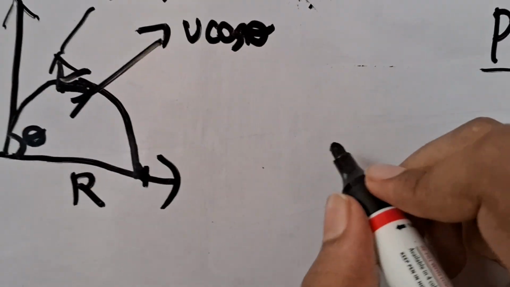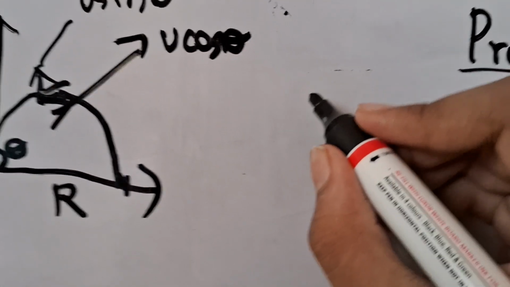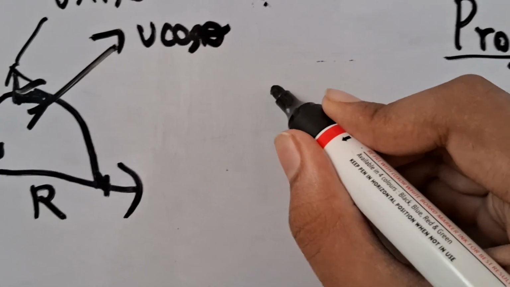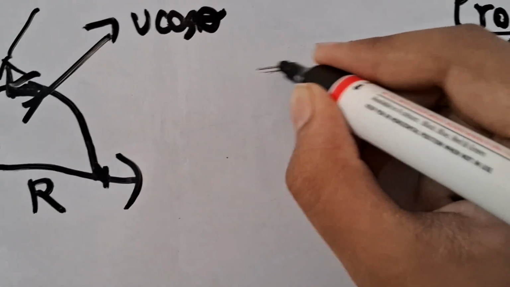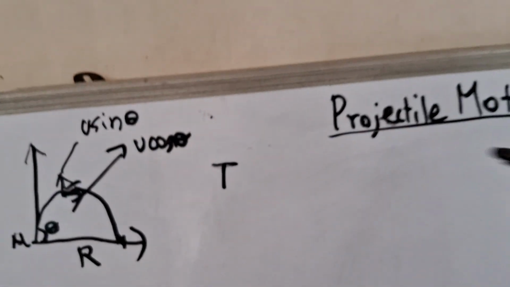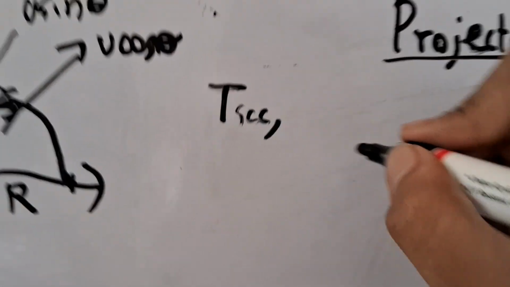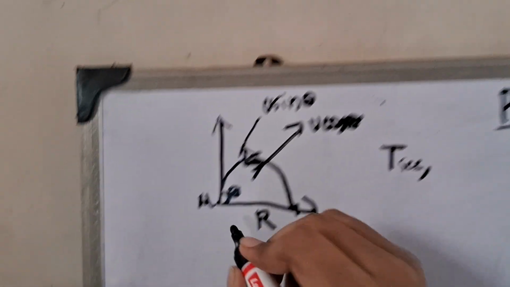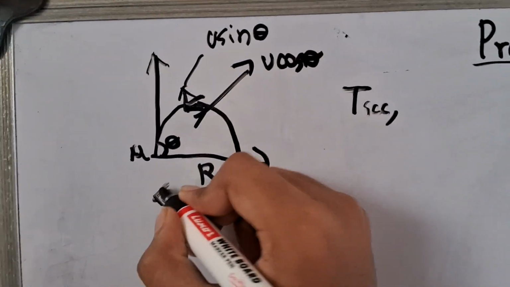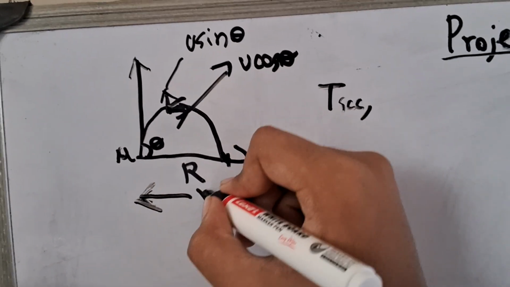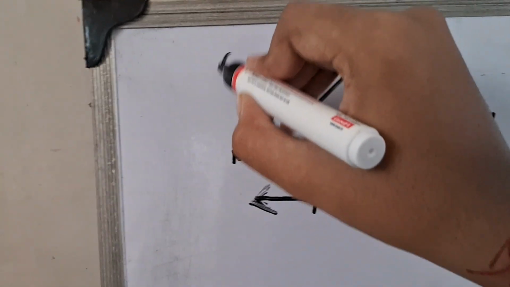So let's say the body is in motion for t seconds. Let's say this total distance is x and this total distance is y.